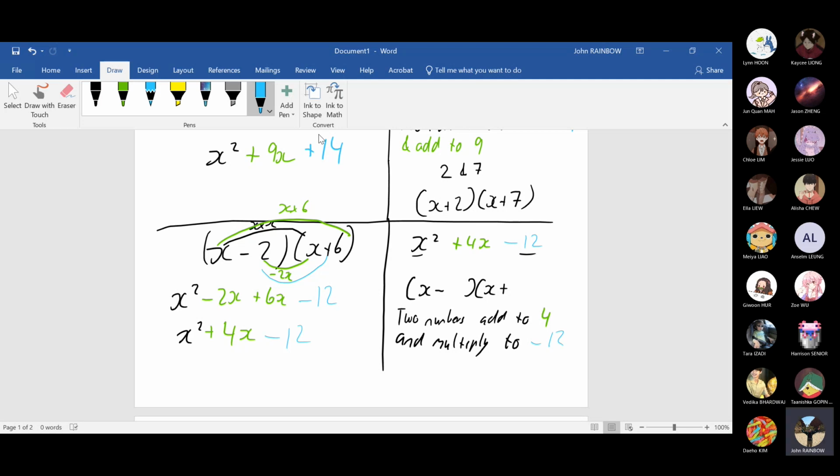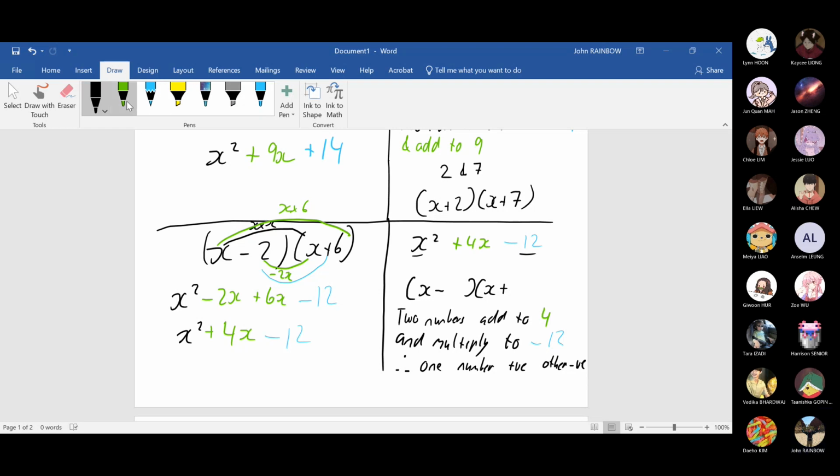We know it's negative, therefore one number is positive and the other negative. They need to add to 4. The bigger number obviously needs to be positive, and the smaller number needs to be negative.